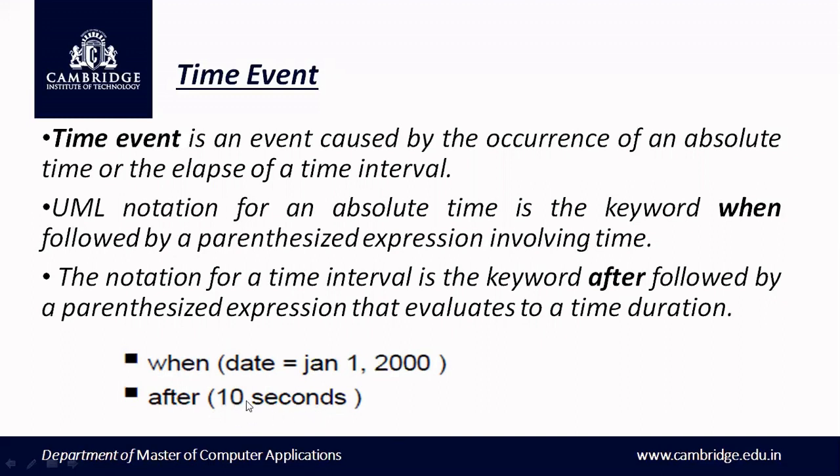Once the 10 seconds have elapsed, the time event has occurred, and then the transition takes place from the current state to the next state. So that is about the time event, which we can use in two different situations.